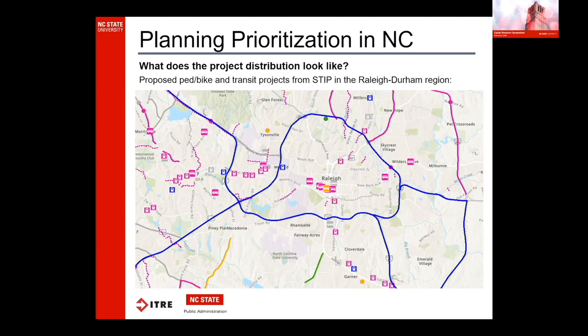And so this is an idea of what that project distribution might look like in terms of that pool of proposed projects. So this is a snapshot from a recent year of projects looking at what could have potentially been funded, related to pedestrian and bicycle projects as well as transit projects in the Raleigh-Durham area.